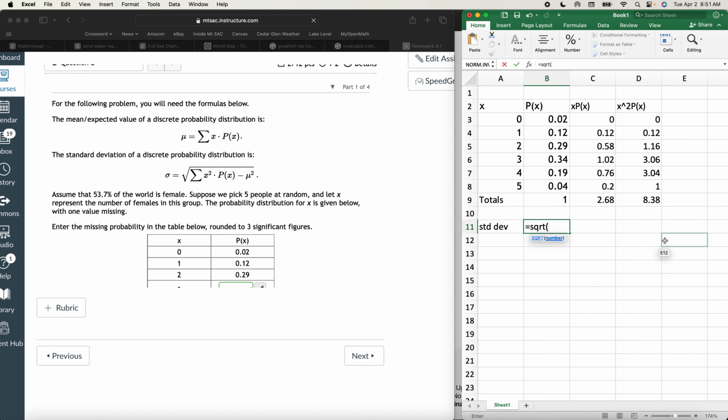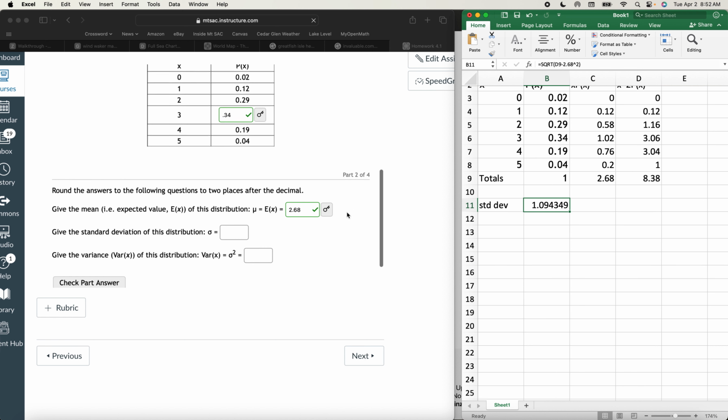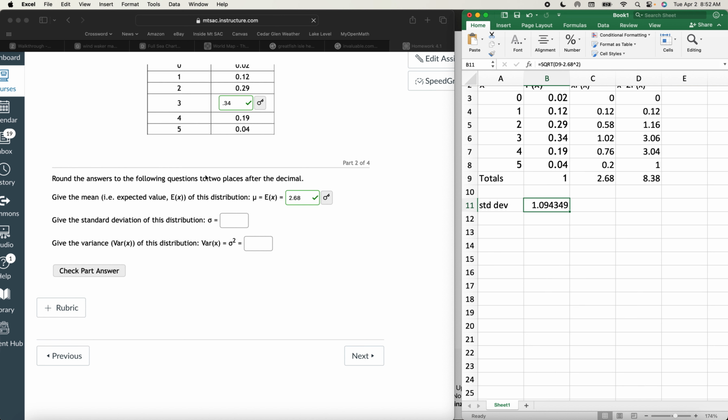Okay, and I have to take the square root of the sum of x squared times p of x, so that was this number 8.38, minus my mean, this sum of x times p of x was this number here, 2.68, so I'll just say 2.68 needs to be squared. So that's my standard deviation, and I'll round that. I'm not sure how many places it wants me to round to, but let's take a look down here for the standard deviation. 2 places after the decimal it says, so I'll go with 1.09.